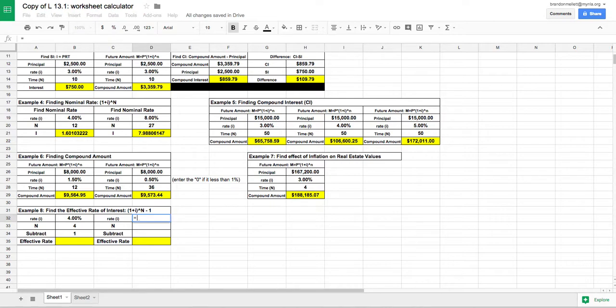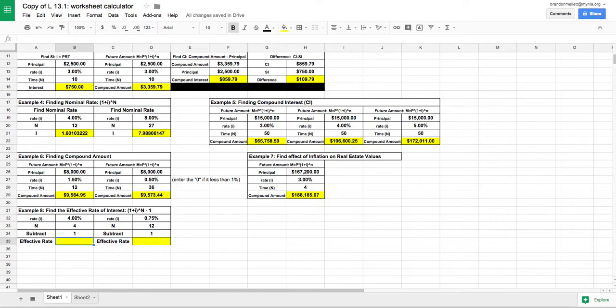So we're going to go 9% divided by 12, we'd have 0.75%. Again, since it's below 1, we have to add that 0 in front of it. So I need to change the cell to have a percent in here. So 0.75. Okay, it's throughout 1 year, so it's 12 periods throughout the year. We're subtracting 1 to find the effective rate of interest.